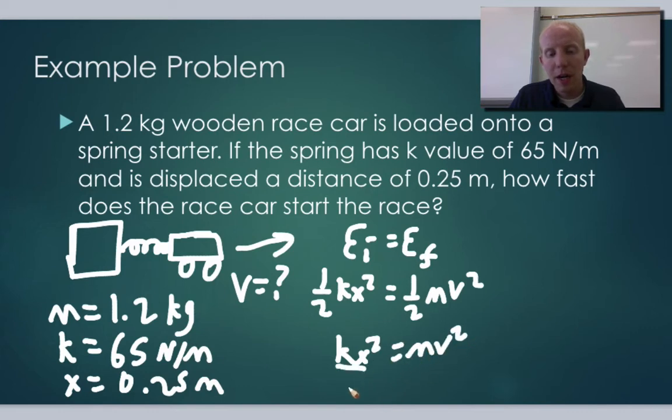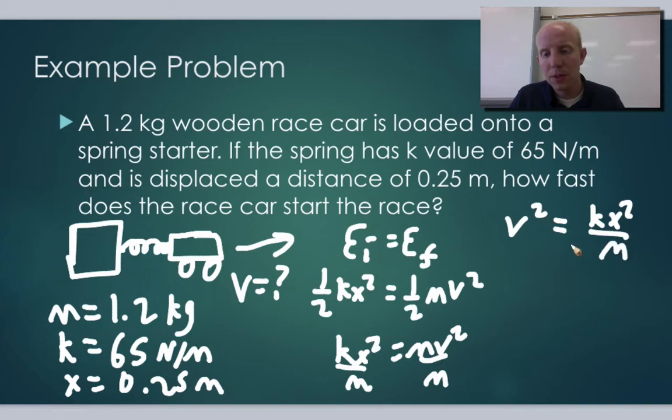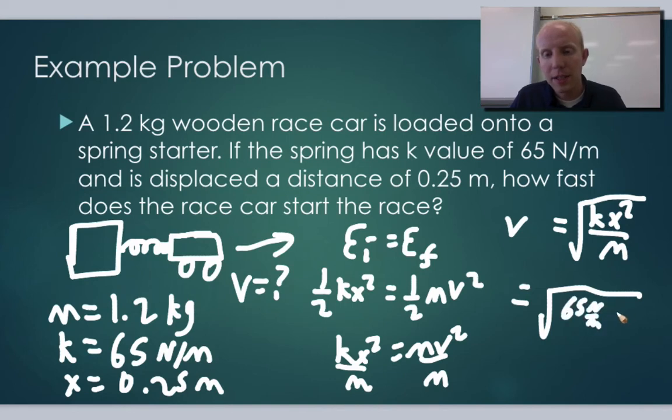Okay, we'll divide by m on both sides. We get v squared equals kx squared over m, and then we square root both sides, and we end up with this. So the velocity will be equal to the square root of kx squared over m. Okay. In this case, that's going to be K is 65 newtons per meter, x is 0.25 meters.